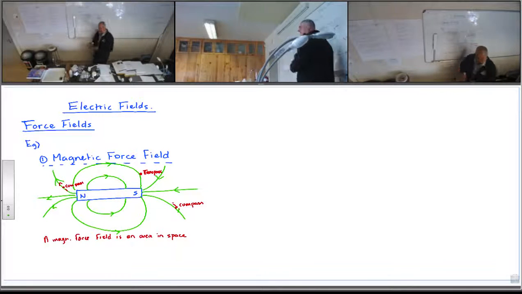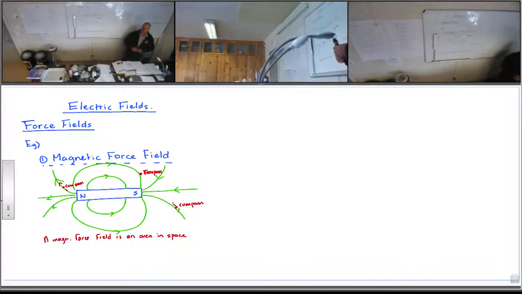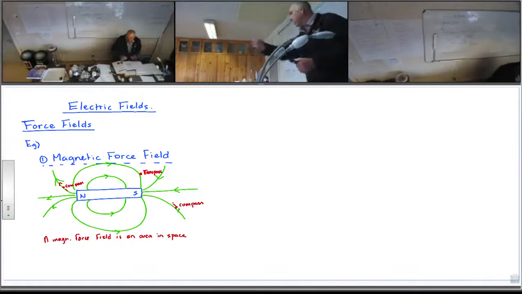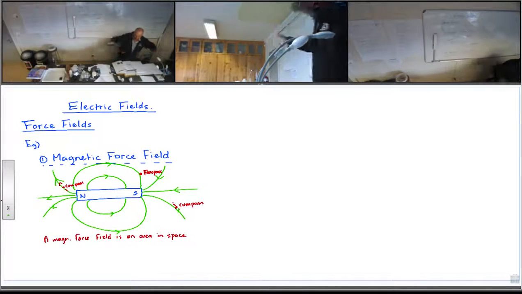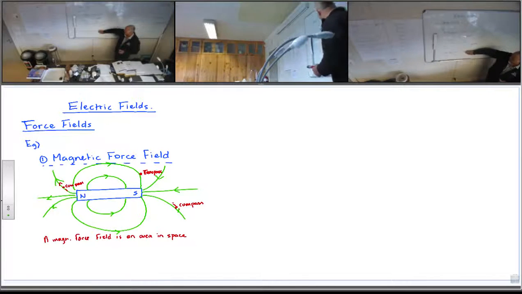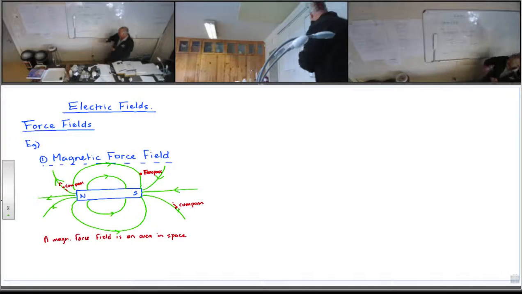Now what do I mean by in space? Out of space. Anywhere. Could be on your table in front of you. That's an area in space, okay? In other words, I could just leave out the word in space. It's an area. Is a place, right?